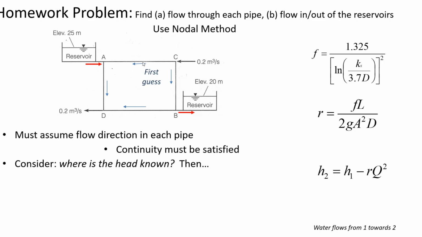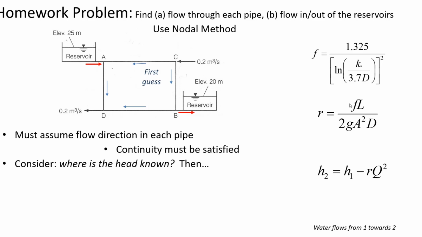Well, we can say that the head loss through pipe AC is R times the flow rate through pipe AC squared. And R is just the friction factor times the length of the pipe divided by 2g A squared times D. So these are going to be constant, relatively speaking. F value will change a little bit depending on the flow rate. But aside from that, R value is relatively constant once we get past the first iteration.